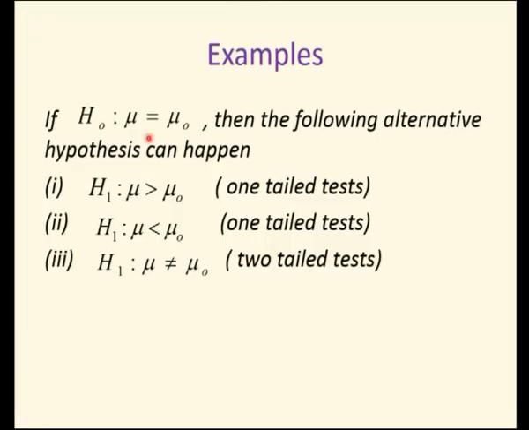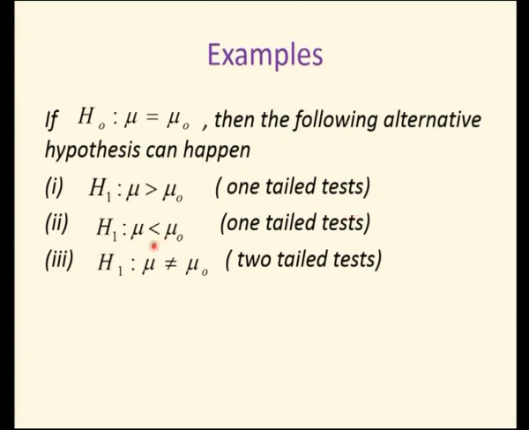Say for example, if mu is equal to mu naught, then your alternative hypothesis will be not equal to, greater or lesser, which I have shown here. So, if H naught is such that mu is equal to mu naught, then you can have the following alternative hypothesis, namely H1 is such that mu is greater than mu naught, then it becomes a one-tail test, that is one-sided decision.